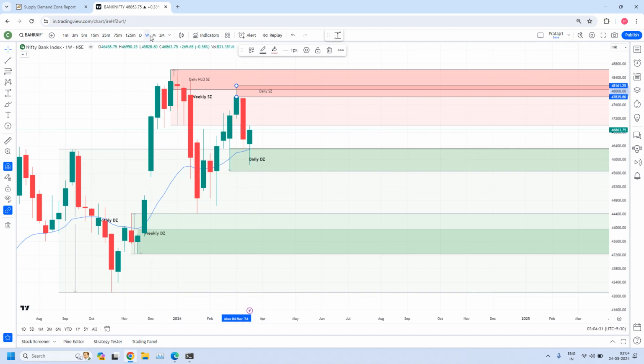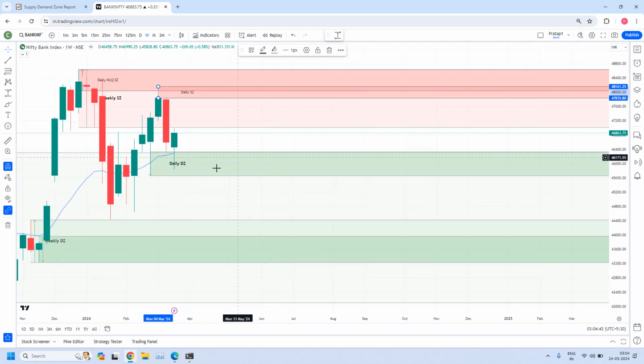Now I am at the weekly time frame. This daily zone has weekly EMA confluence. This is the reason why during this completed week, Bank Nifty held the prices even though the supply was very strong. Last week supply is very strong. Institutions spread their supply until this monthly zone.